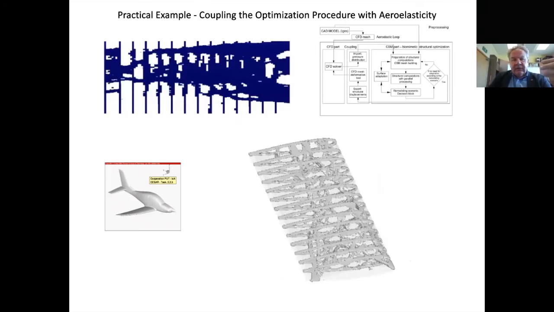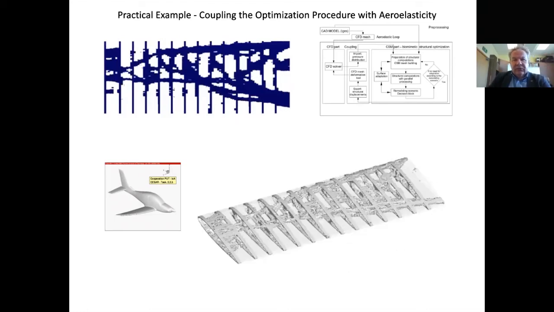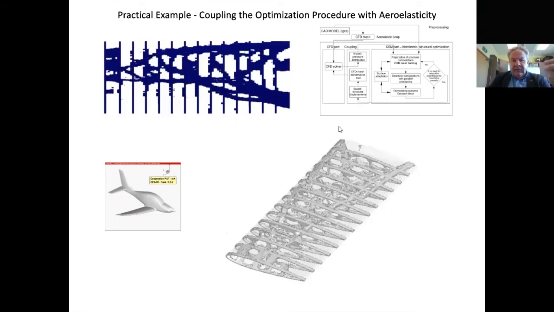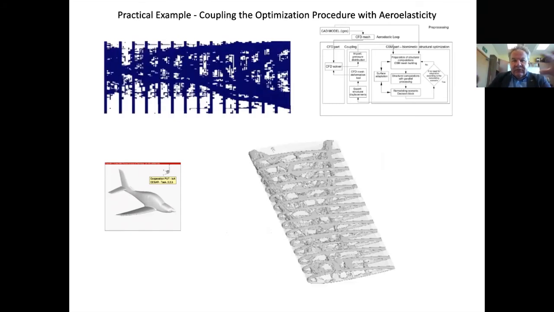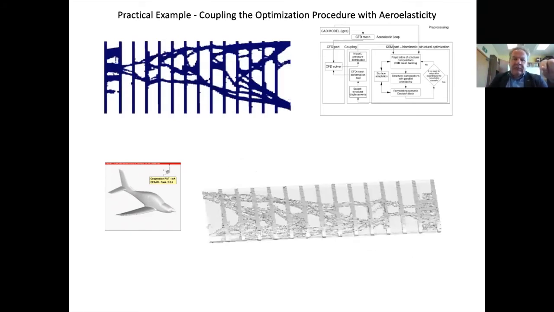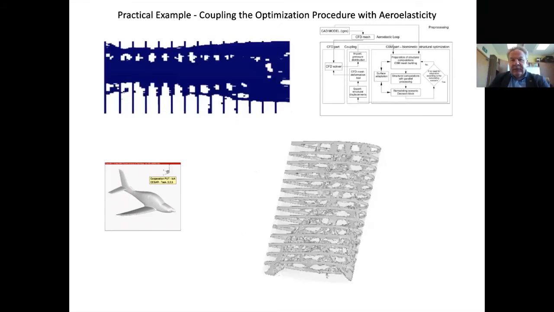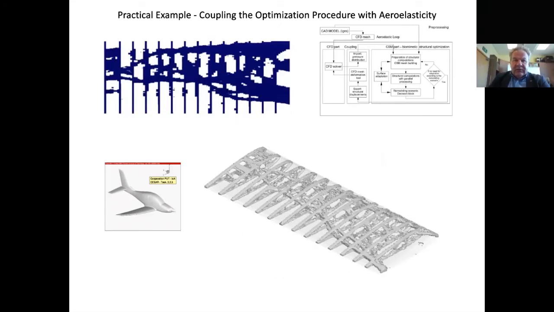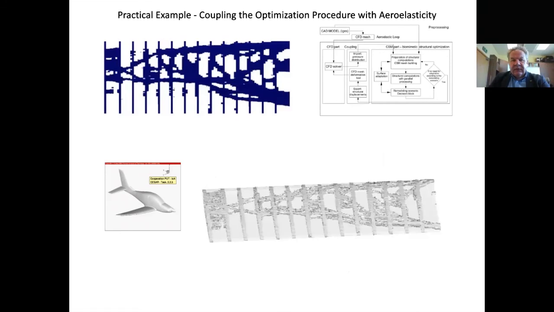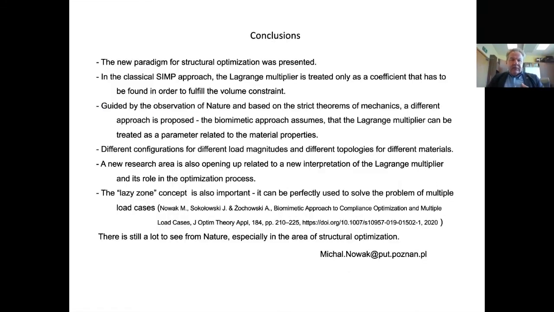If you want to obtain a good solution for aeroelasticity, you have to introduce many different load cases. This biomimetic approach is very good, because every step here can be completely different, and the whole process of optimization can run. Okay, so this is what I wanted to show you.